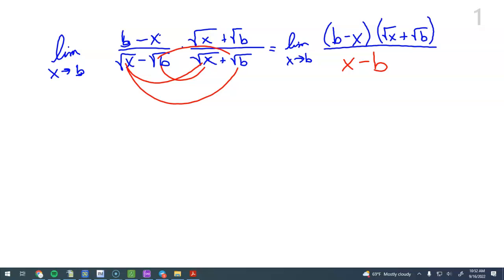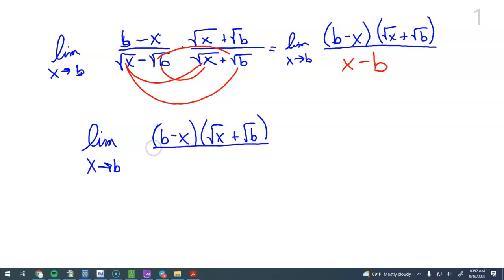So x minus b and b minus x do not cancel. But if I see the little trick, I can rewrite the top or the bottom. I'm going to do the bottom, but there's no real reason. If I take a negative 1 out of x minus b, what's left on the inside?